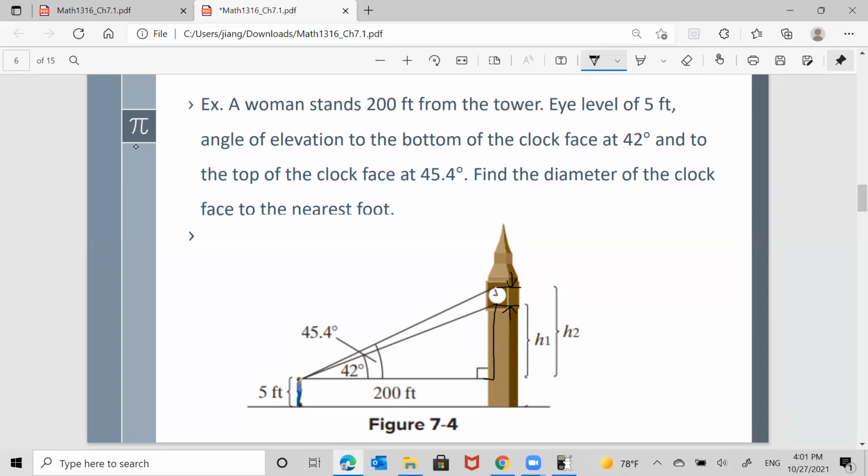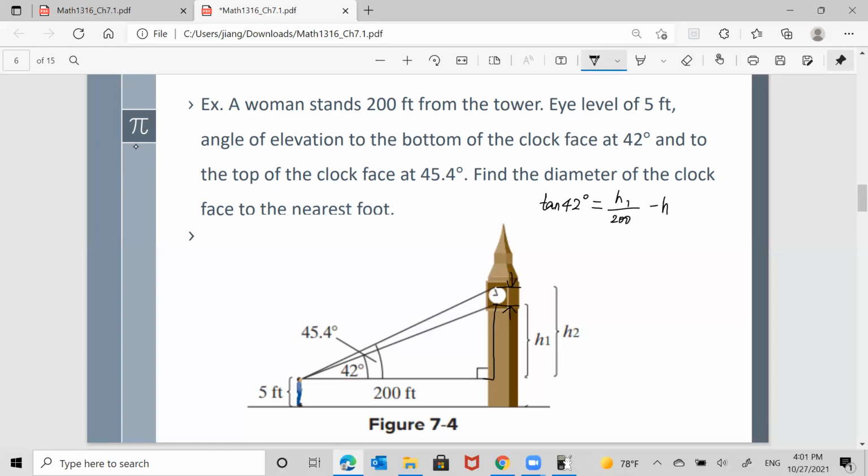H1 is opposite the angle, and we also know the adjacent. So we can use opposite over adjacent, which is tangent. In the smaller triangle, tangent 42 degrees equals opposite H1 over adjacent 200.